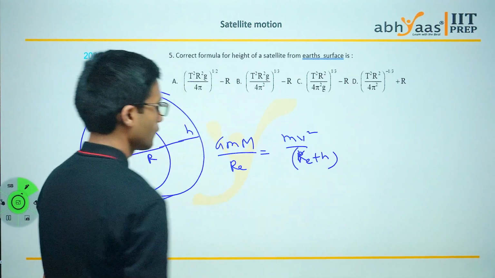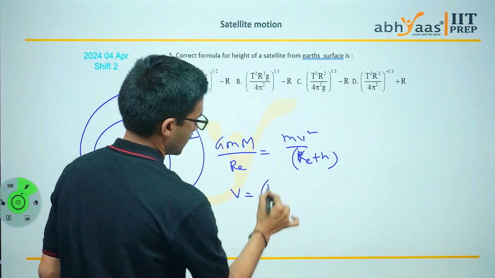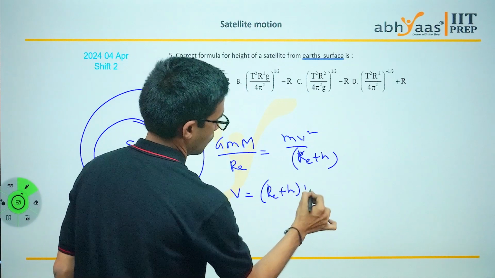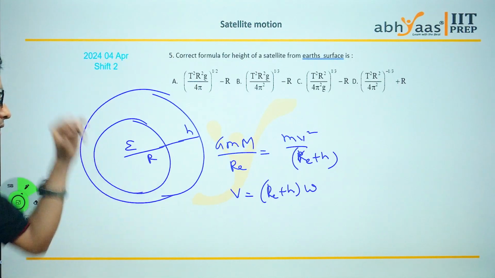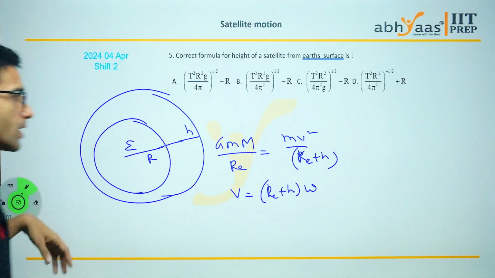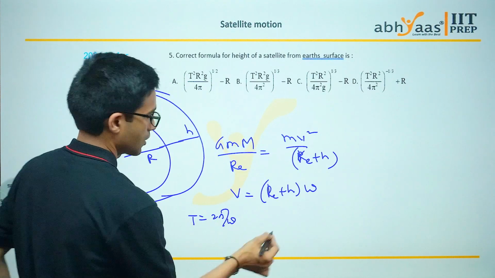So another thing, we know that v is equal to r omega. But what is r? R_e plus h into omega. Time period is equal to 2 pi by omega. So just replace that.